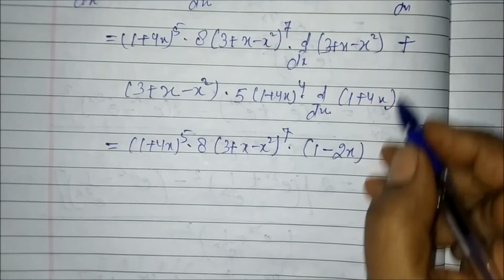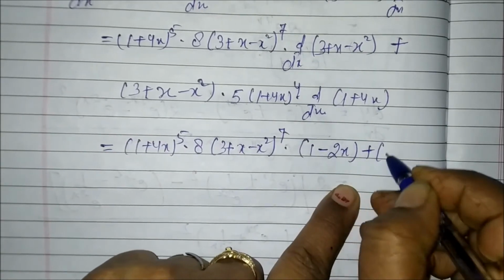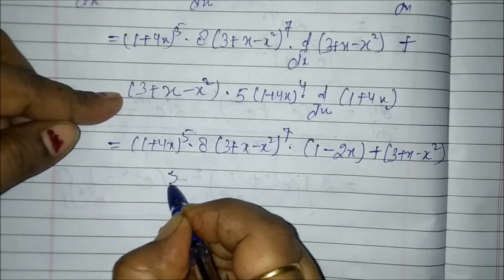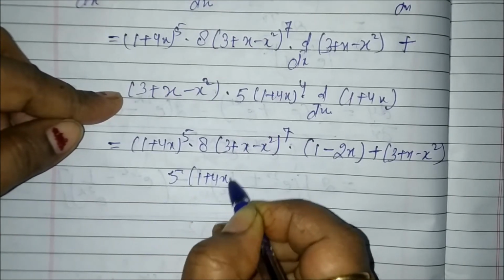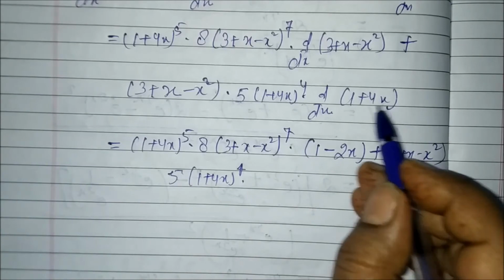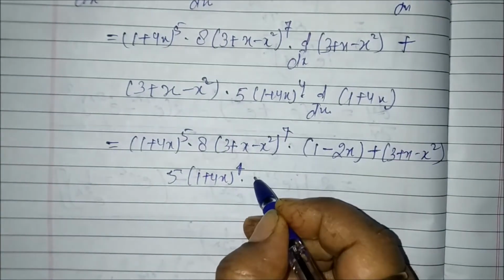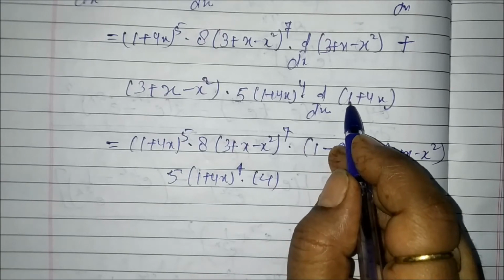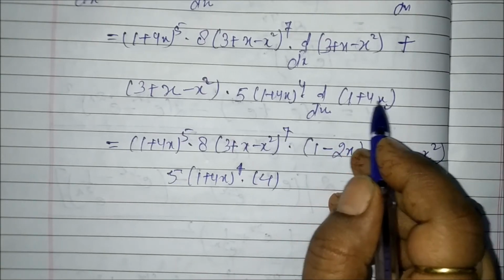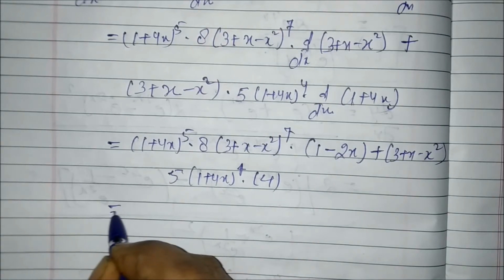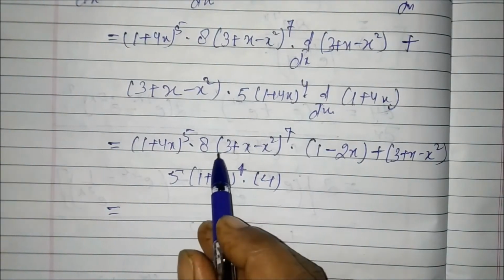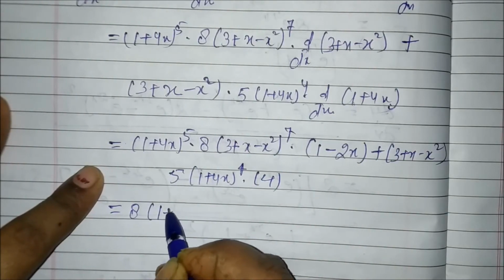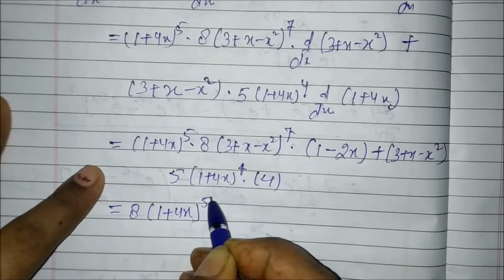Okay, then plus (3 plus x minus x square) into 5 (1 plus 4x) raised to 4 into, derivative of 1 plus 4x is 4 only, since derivative of 1 is 0 and derivative of x is 1, so we get only 4.